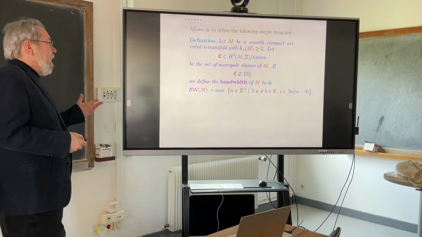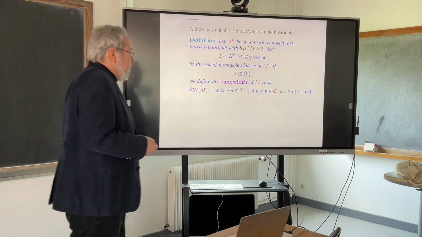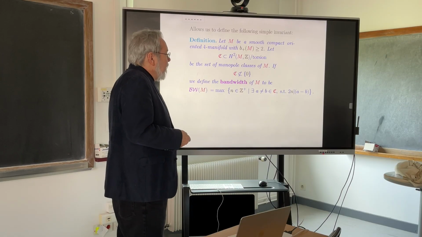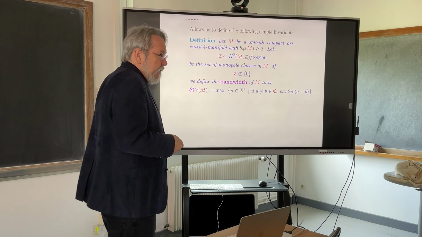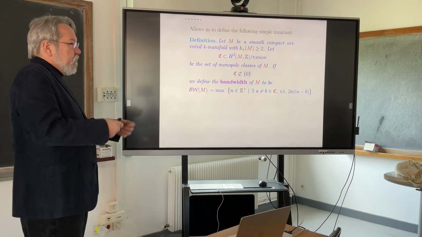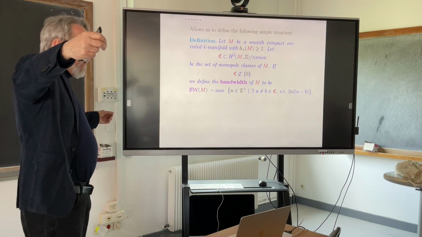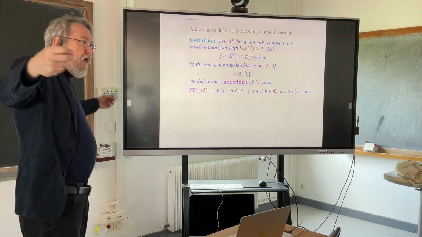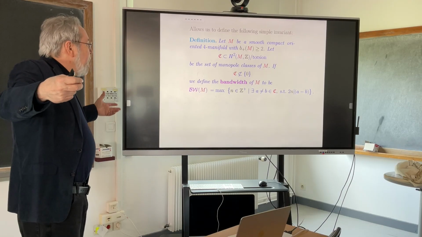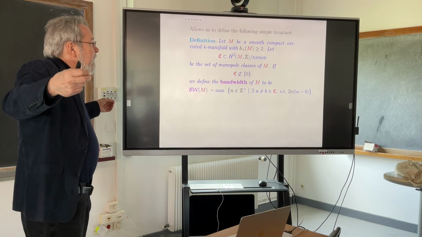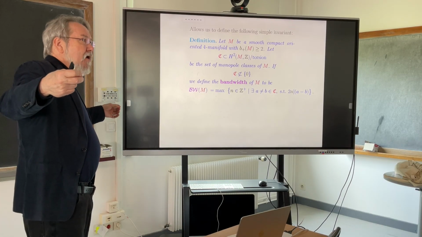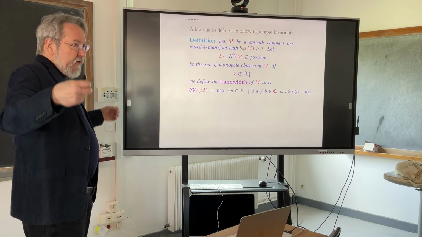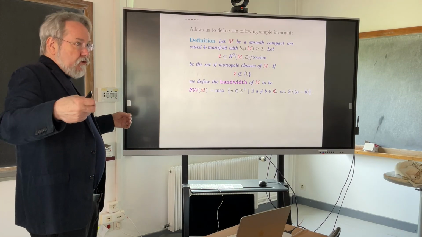So, historical artifact, when Masashi Shiat and I introduced this notion, we put a factor of 2 there just to cut it down. But conceptually, you're saying the bandwidth is, you look at pairs of monopole classes and ask, in a kind of algebraic sense, how far apart they could be in terms of divisibility in the integer cohomology.